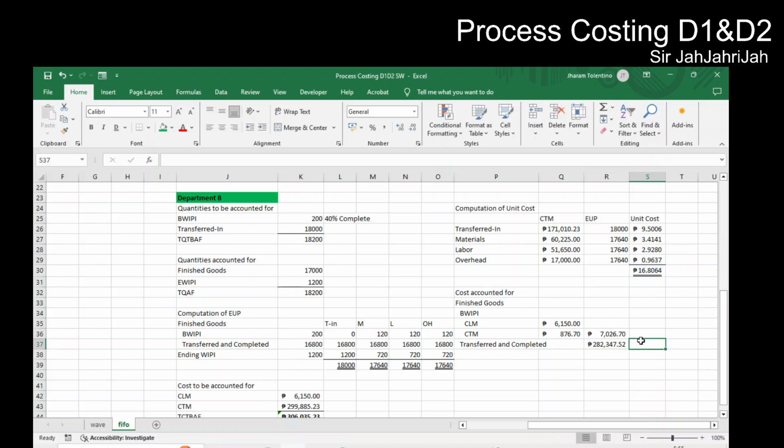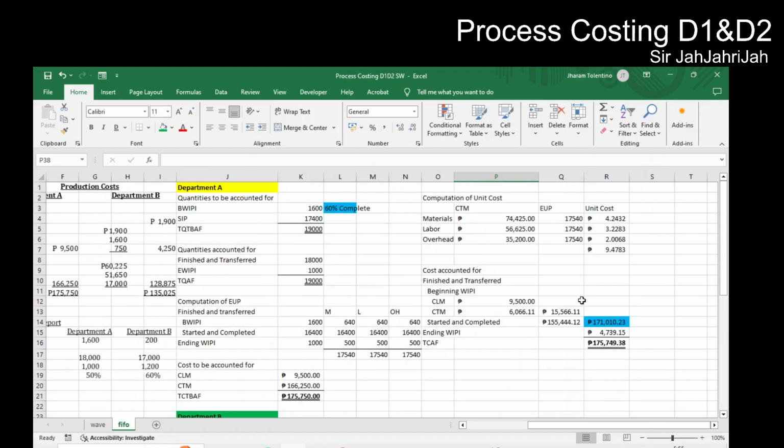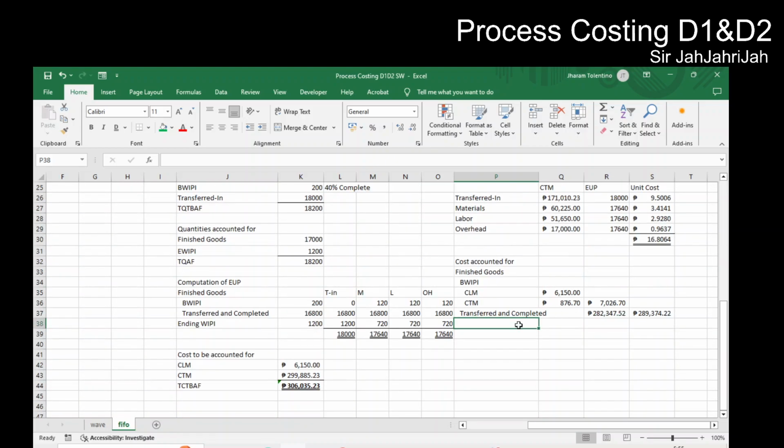So the total cost now of the finished goods is 289,374. I hope it's quite near our previous computation later. And then we have ending work in process inventory. Our ending work in process inventory has transferred in, of course.